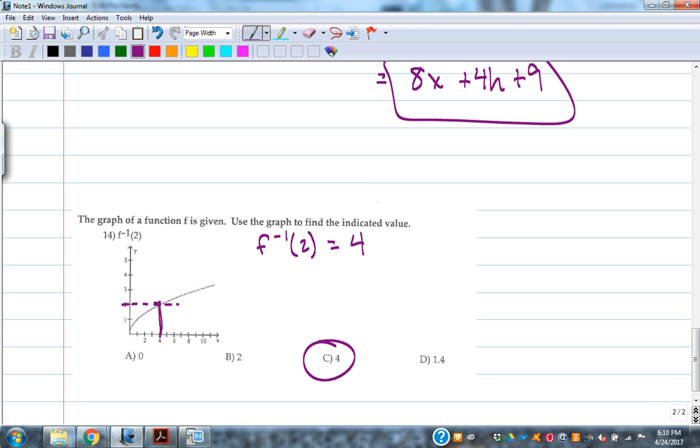Okay. You got to remember that it's the inverse. If they ask for f of 2, just regular function f, then they would say, okay, x is 2, find the y value, and you'd go right there. But they ask for f inverse of 2. So you got to remember, inverses swap x and y. So that's a y value on the original function.